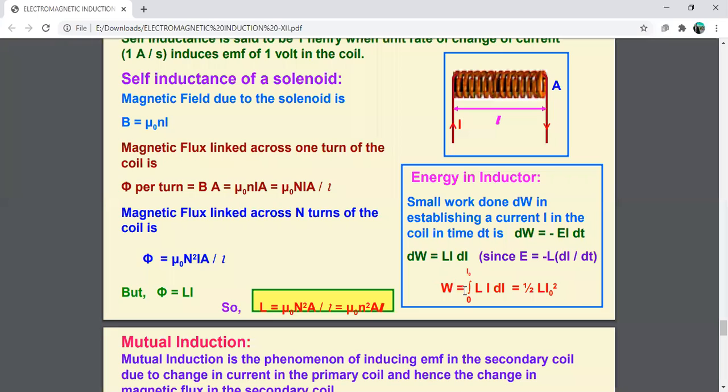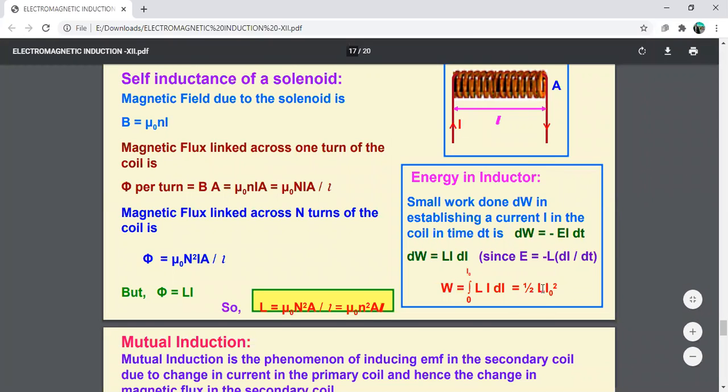L is constant, so taking L outside the integral sign and then integrating I into dI, you will get half L I naught square. It is clear that the magnetic energy stored in a solenoid depends on the coefficient of self-induction L, or inductance L, and the current amplitude I naught.